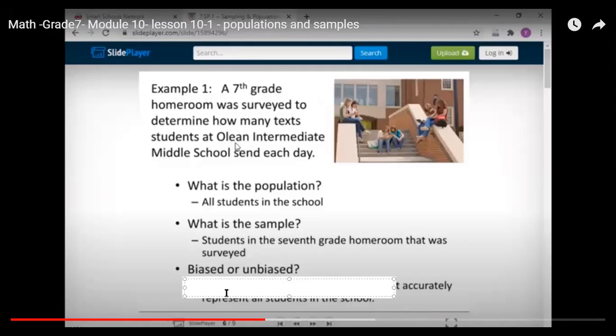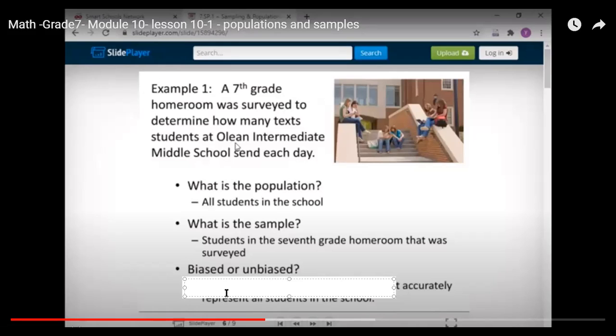Okay, what are we going to do to make it unbiased? If you want to make this survey unbiased, what do you have to do? Unbiased is like anything, and biased is like something specific.